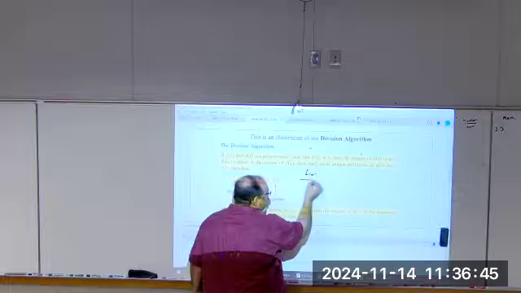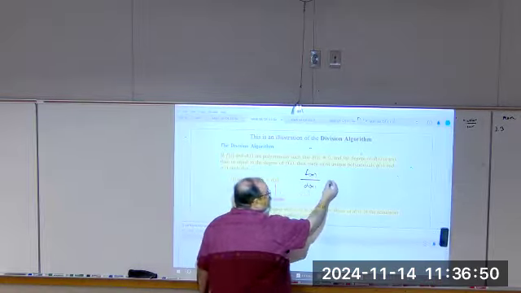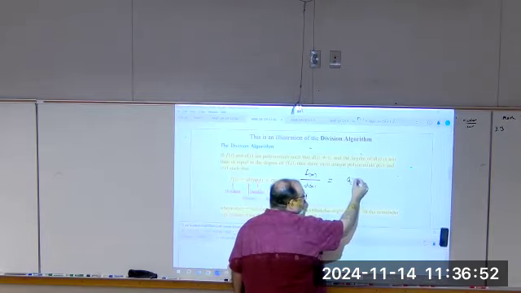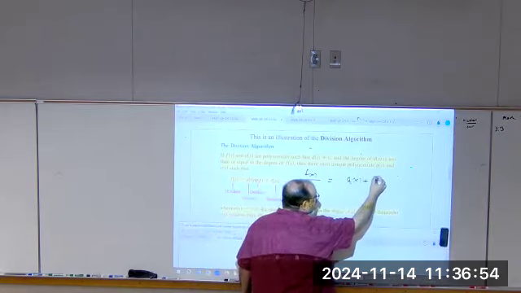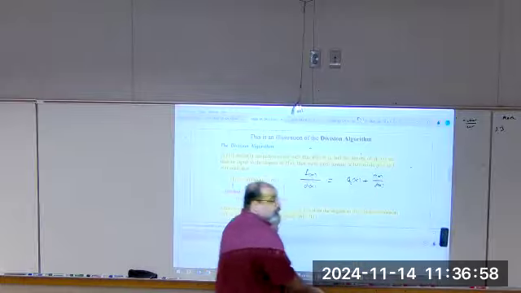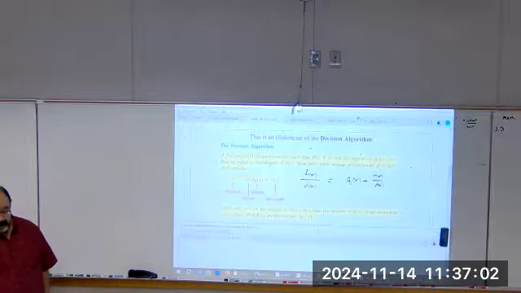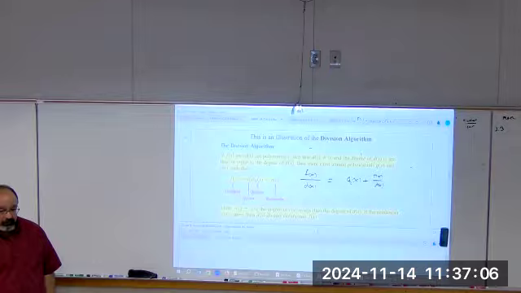F of x divided by the divisor, whatever the divisor is of the polynomial, we get a quotient q of x plus a remainder written over the divisor, as functions, as with x's, polynomials. We get a quotient plus the remainder over the divisor.